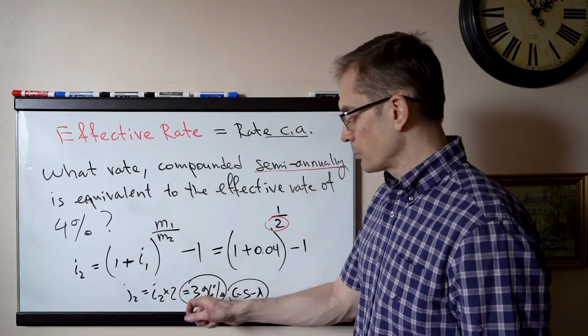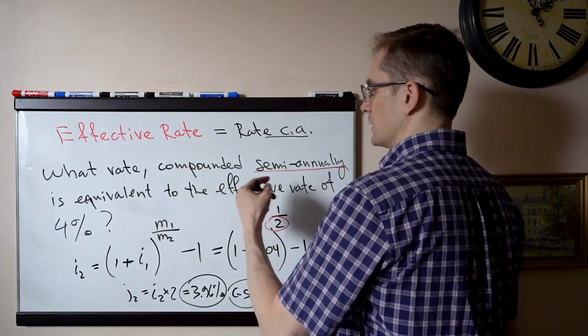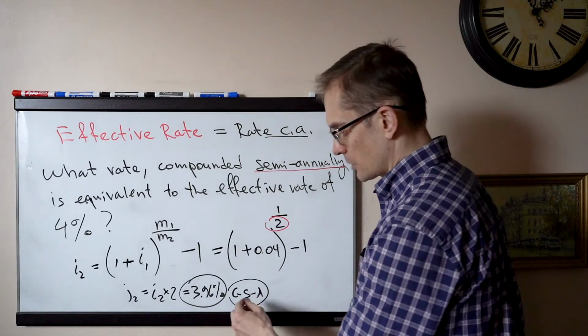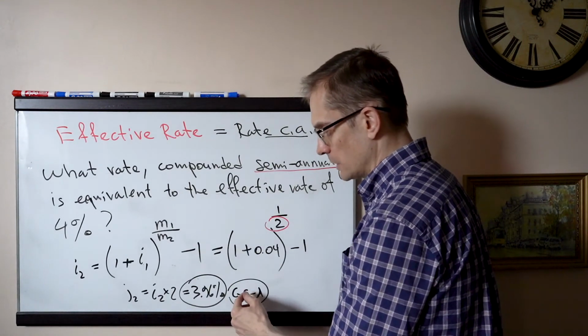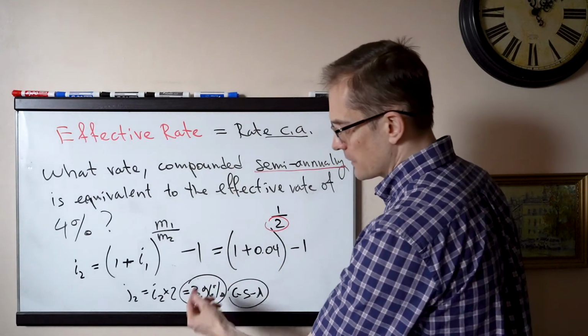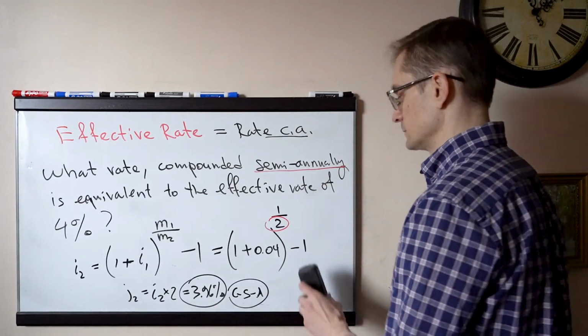Okay? So 3.96% compounded semi-annually is the same as the effective rate of 4%. Again, because compounded semi-annually is more powerful than compounded one time per year, which is compounded annually rate. Therefore, it's a little bit lower to compensate for that.